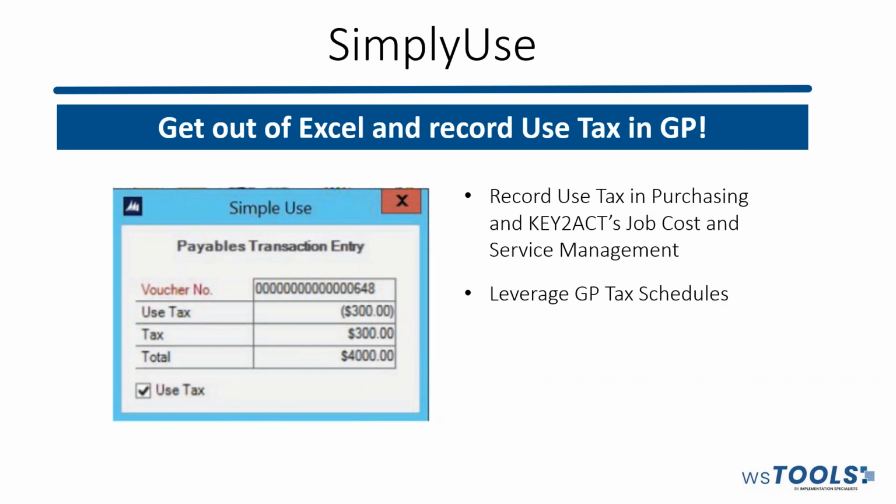Then you'll notice that it has a use tax line where it's going to back out that dollar amount as well as add that dollar amount. So the invoice it's really posting to the vendor is still the same, but it's going to account for the use tax transactions that you need to be posting to your job, let's say, as well as to your general ledger.